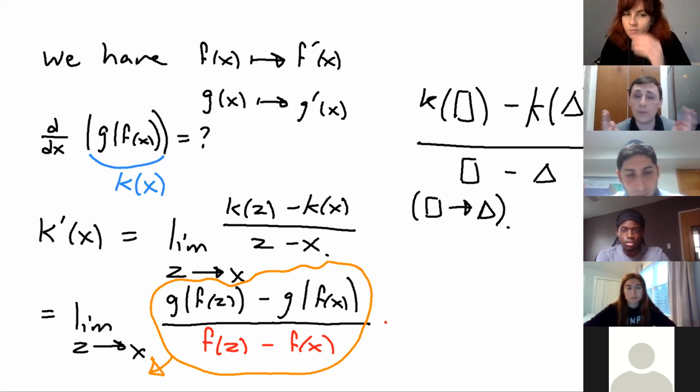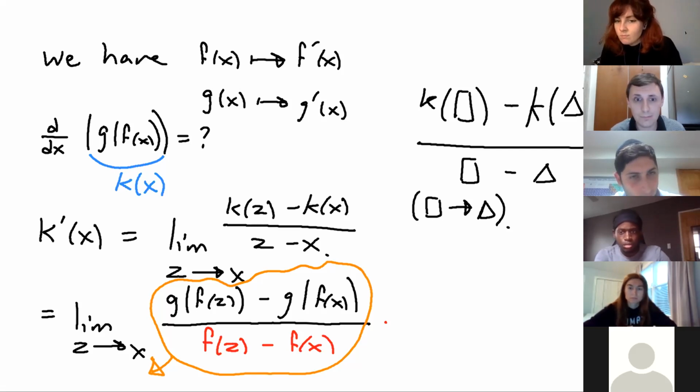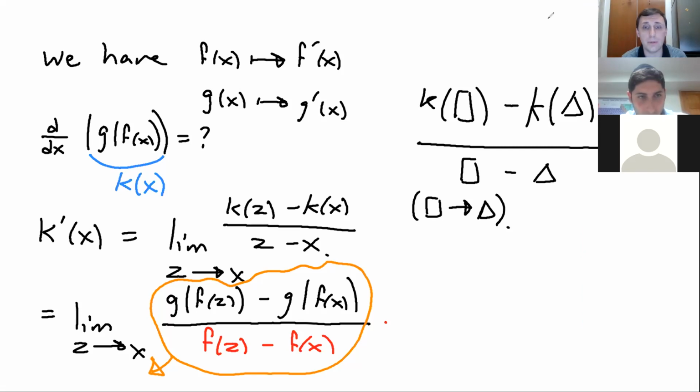A lot of you wrote f of z minus f of x. Why did you do that? Well, okay, that's part, but what is that orange thing that I circled? What is that going to be? F of z will approach f of x, correct?